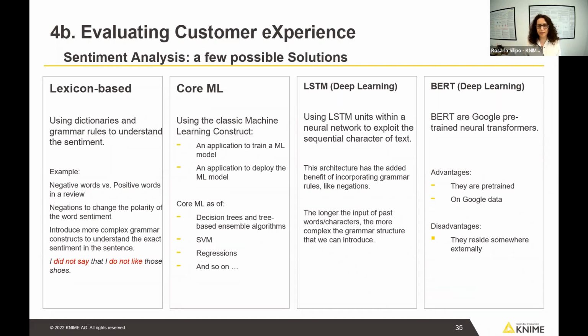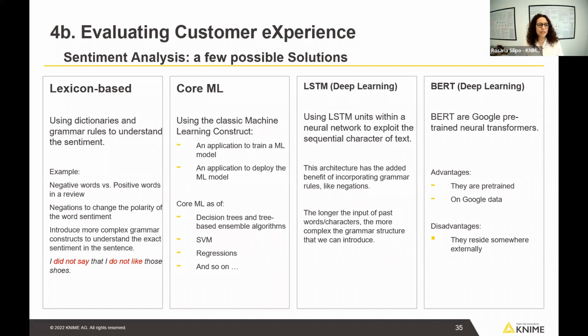You need to have a bit of linguistic experience to be able to program a lexicon-based sentiment analysis. That's because a sentence like "I had a very bad experience" is easy to classify, but a sentence like "I didn't say that I don't like those shoes" might be a bit more complicated.